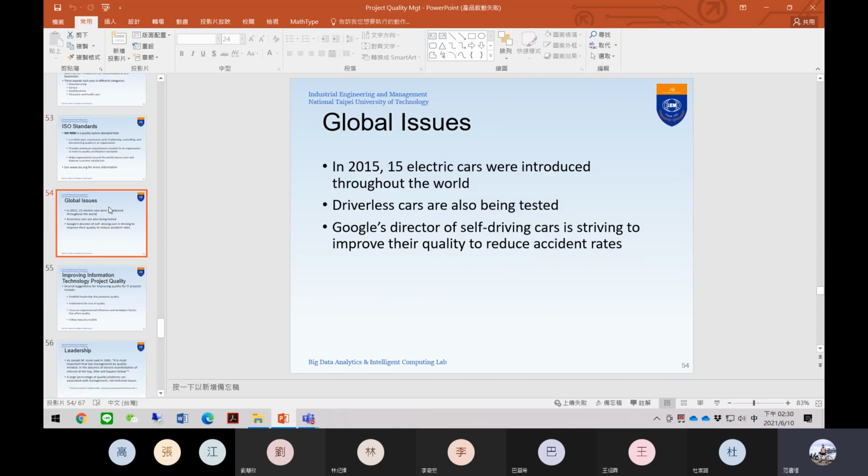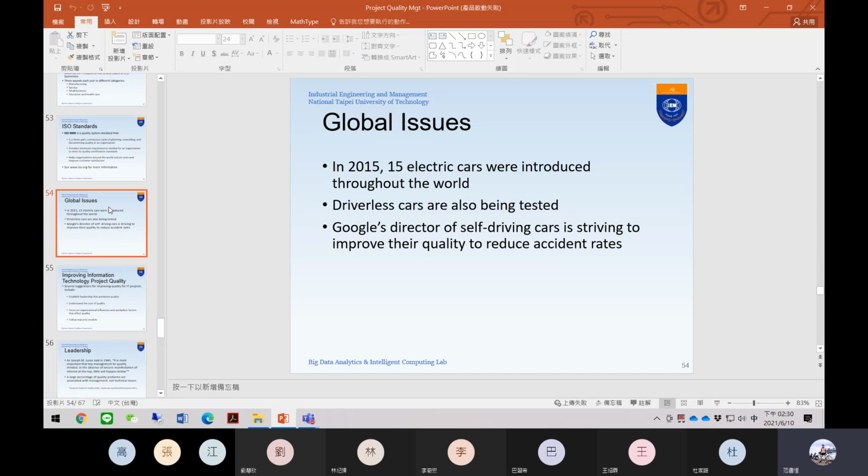The global issue: in 2015, electric cars were introduced throughout the world. Until 2021 today, Tesla has become one of the mainstream names around the world, especially in the automobile industry. Driverless cars are also being tested.